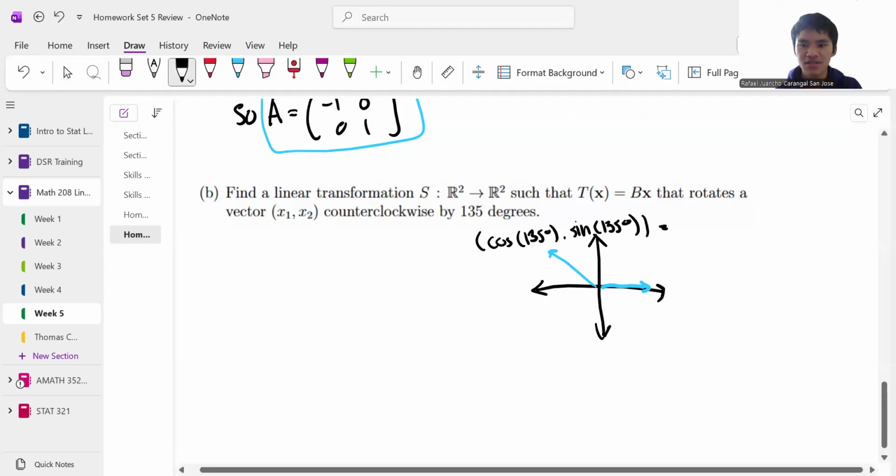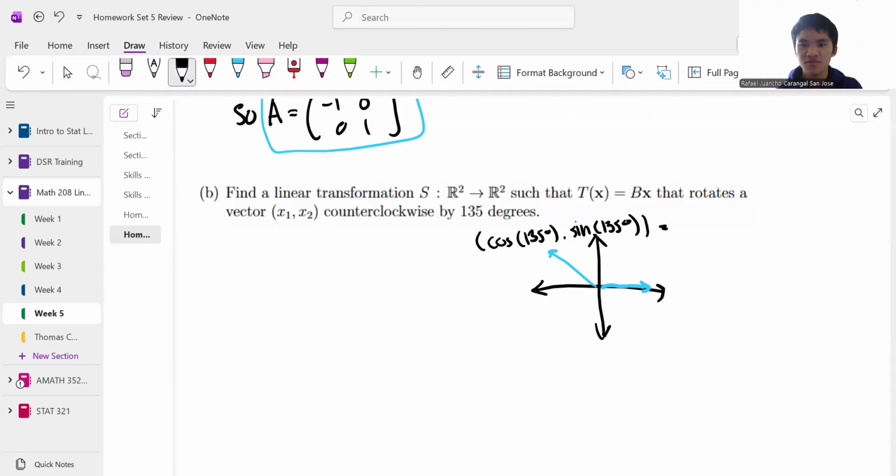Or in other words, this thing tells me it would go to what? Negative square root of 2 over 2. And so this must mean this is square root of 2 over 2. Sine of 135, yeah, because that was the positive version. Okay.